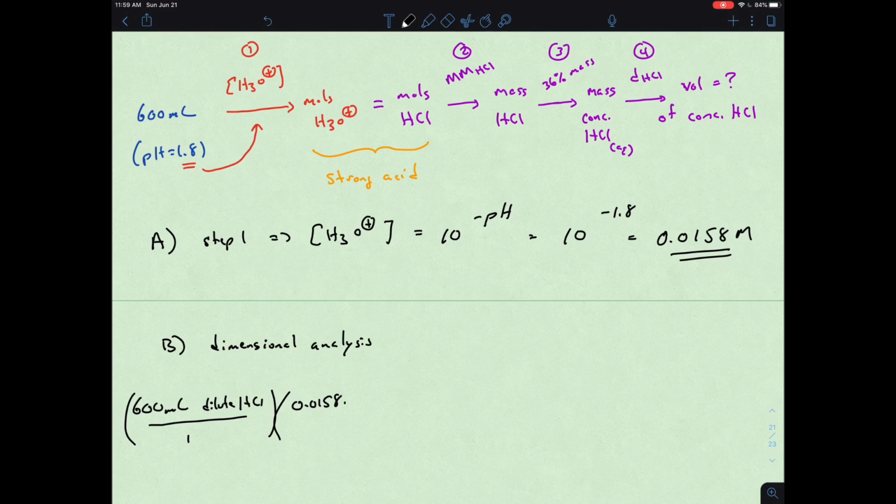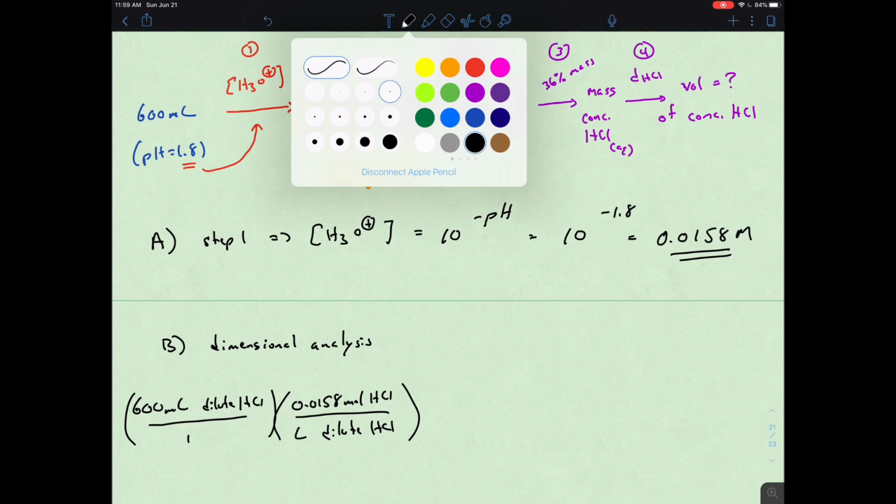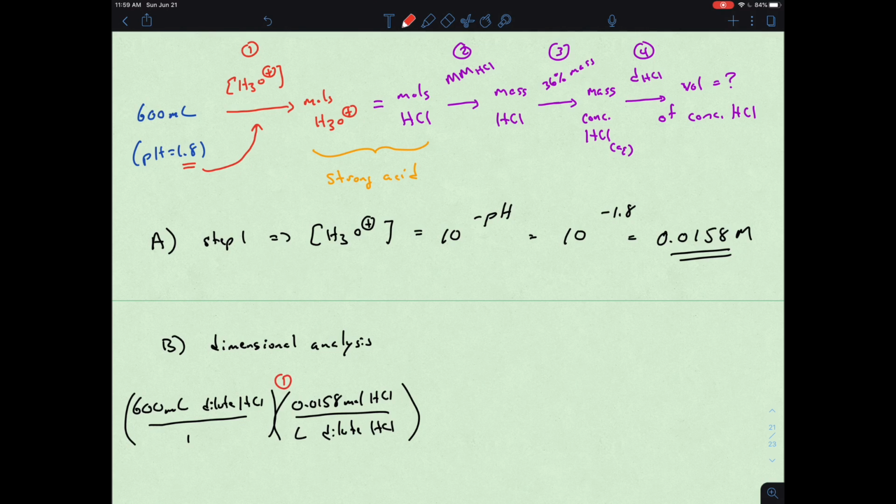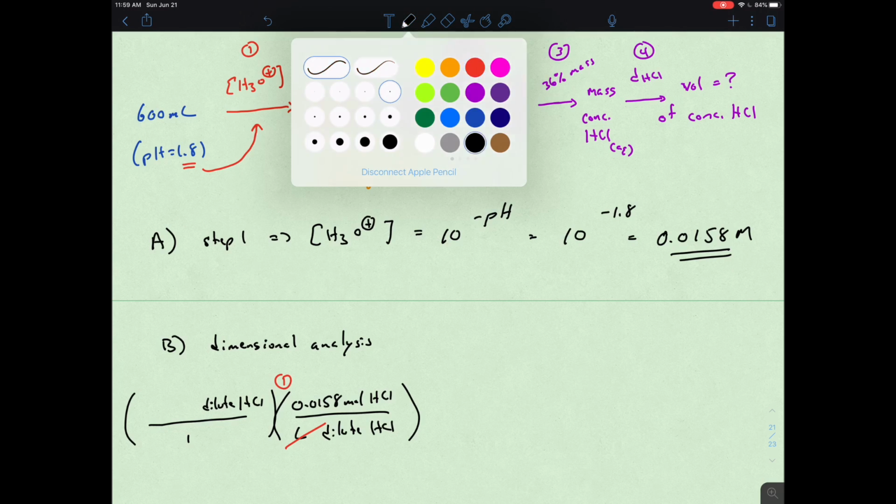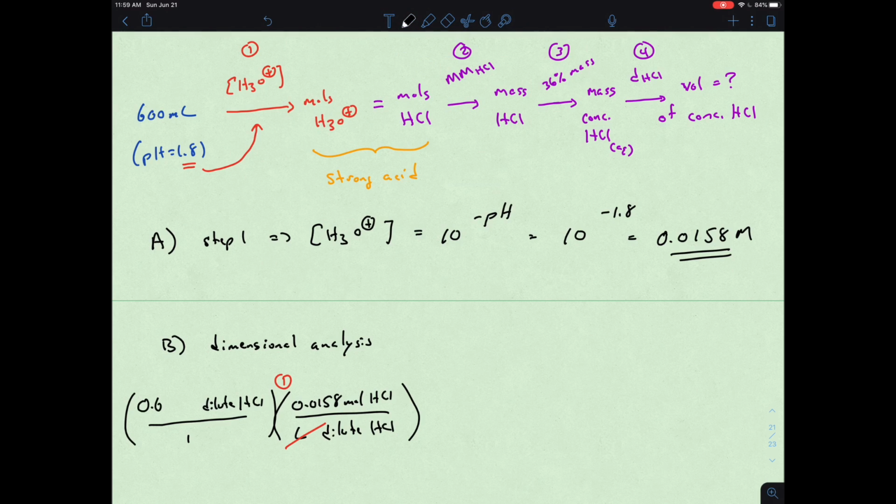So we want to get out of the dilute volume of HCl and convert to our molarity, and we should be very careful there. Apologize for putting that 600 milliliters. We should be in terms of liters, so 0.600 liters would be our volume of that dilute HCl.